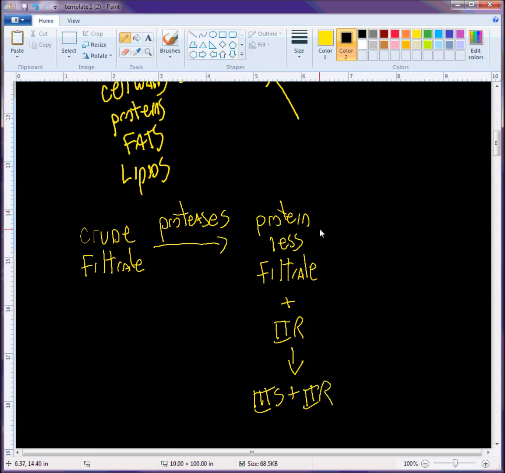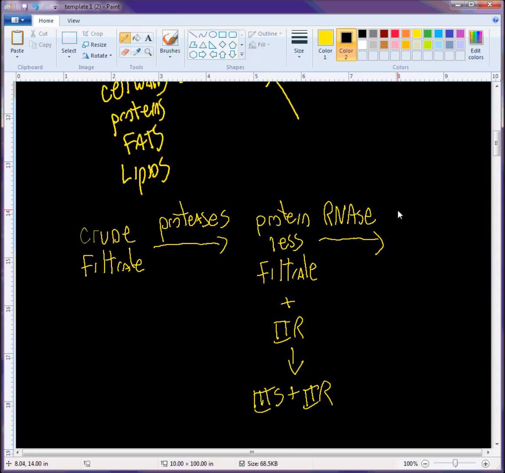So apparently protein is not part of the transforming principle. It's not the factor causing the transformation. So the next thing they do is they add RNase, and RNase is an enzyme that degrades all the RNA. So you take a long RNA molecule, and the RNase will break it down into individual nucleotides.